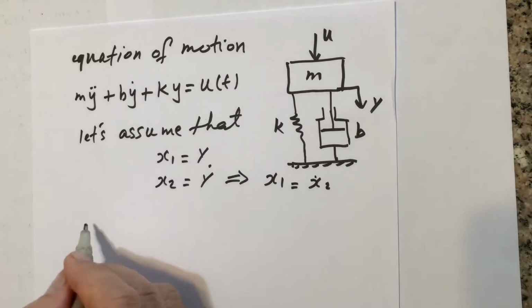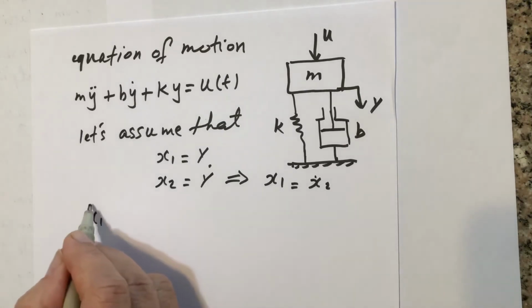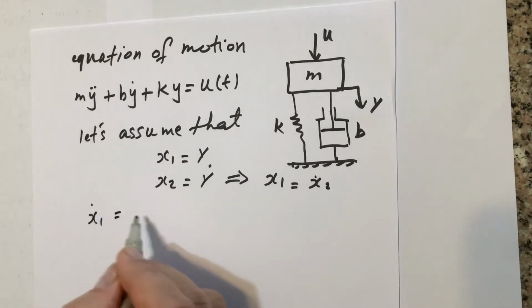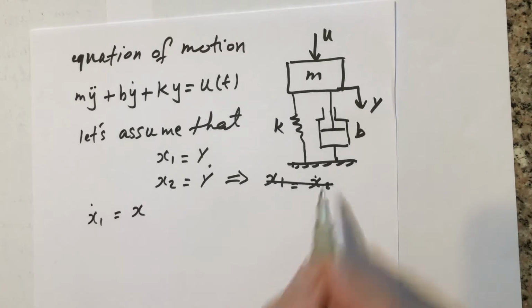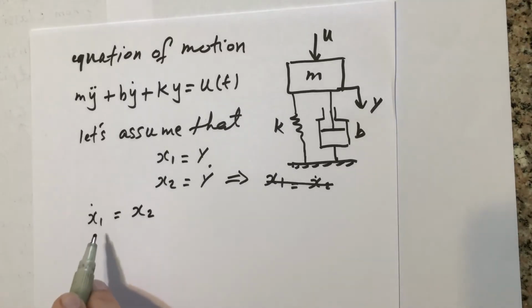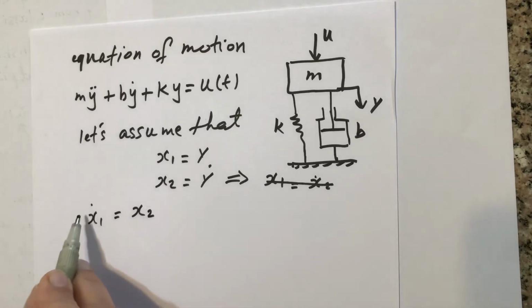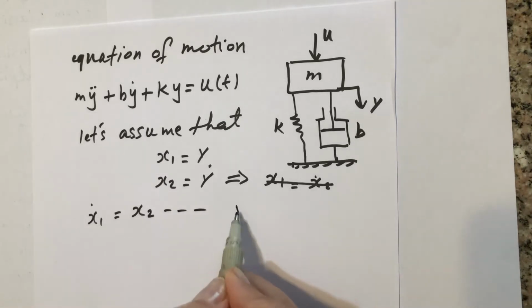From here, we'll have x1 dot equal x2. This is an equation, it's a state equation. We have the derivative here and we have the state here, okay? This is one equation. I'll call it 1.